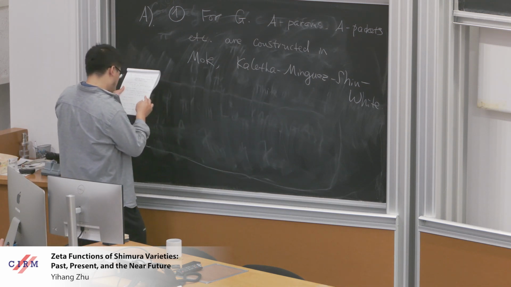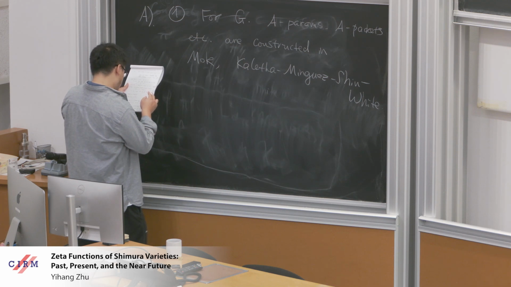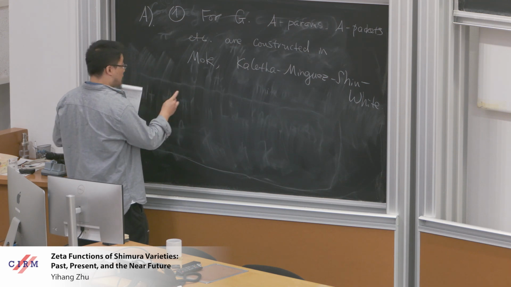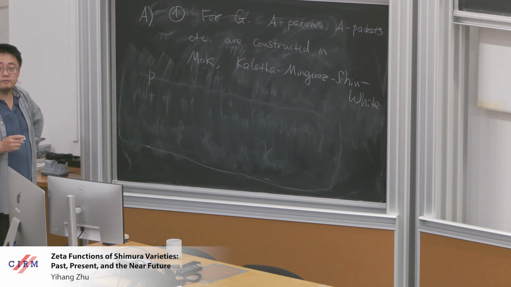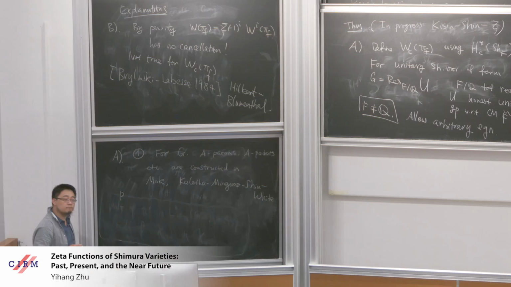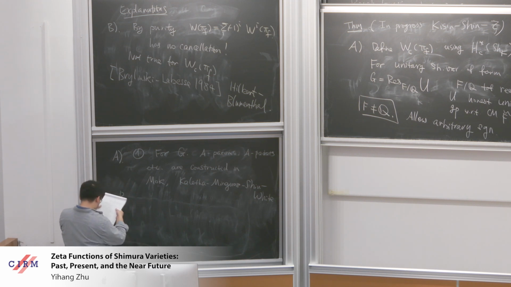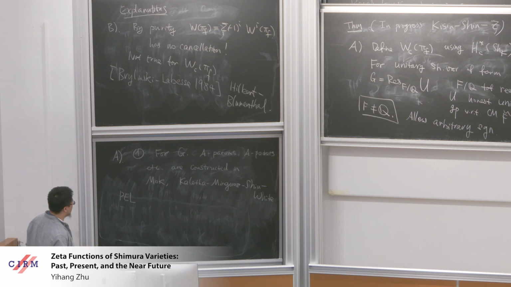So in particular, there's no Galois group. No Galois group, right. Yeah, but I'll come to that in maybe 2 minutes. So for instance, you may want to ask, how about the PEL type Shimura varieties?